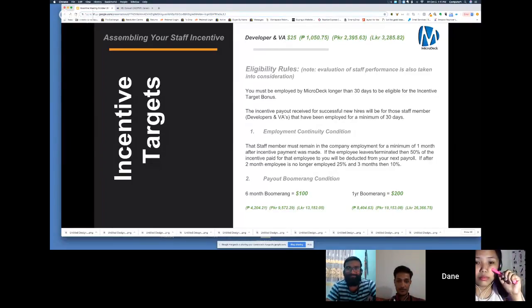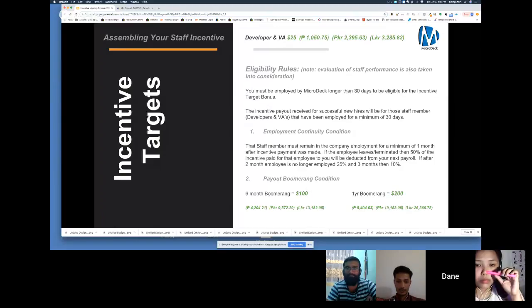I'm going to shut up and let you read, because there are eligibility rules, then there's the continuity condition, and then there's a boomerang condition, which is a positive. The last one says, and I didn't put it in detail, if they're still here after 6 months, you get paid another $100. If they're still here after 1 year, you get paid another $200.